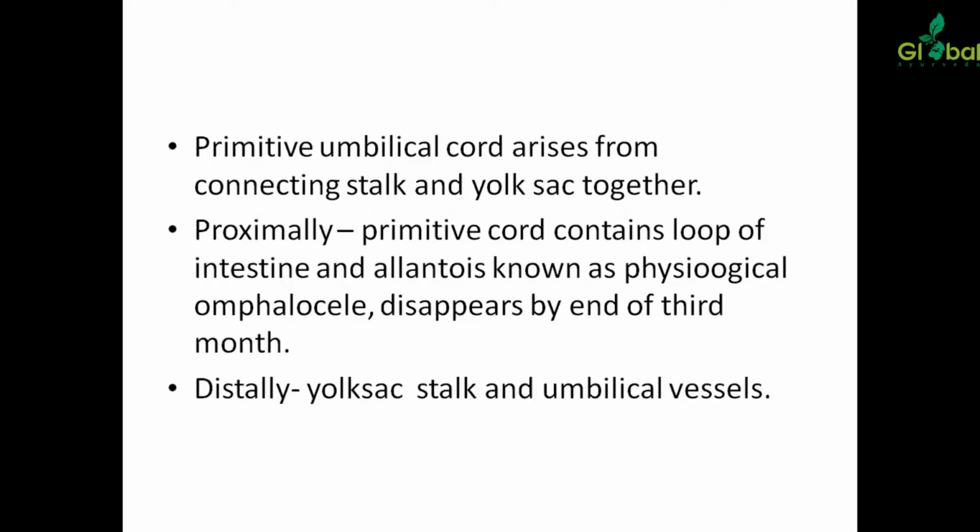The primitive umbilical cord arises from the connecting stalk and yolk sac together. Proximally, the cord contains a loop of intestine, and this is known as physiological umbilical herniation. This will disappear by the end of the third month. Distally, there will be umbilical vessels.